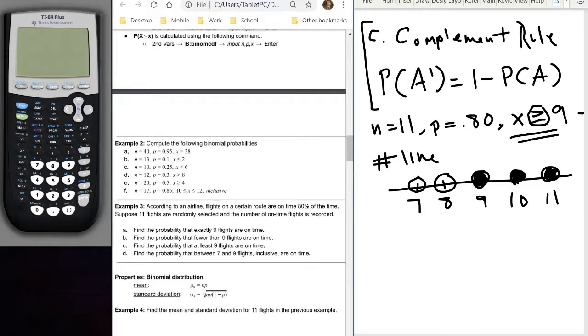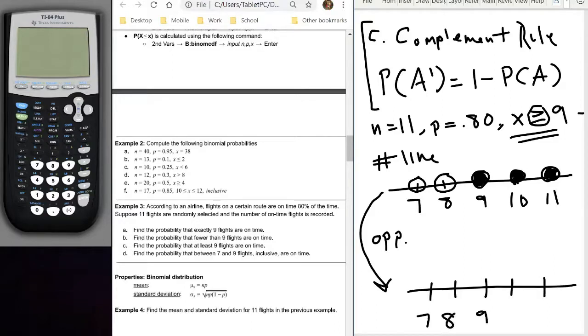So next, I want you to take this number line and apply the opposite of what you just did. So when you have a number line, 7, 8, 9, 10, and 11, we want to do the opposite of what we just did.